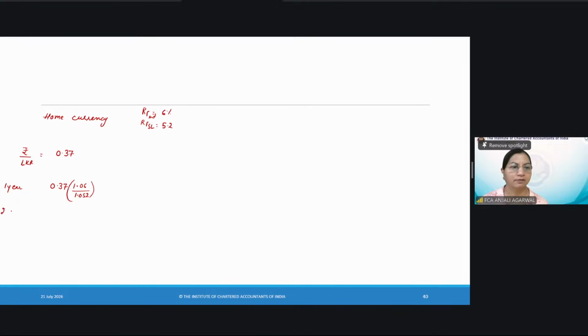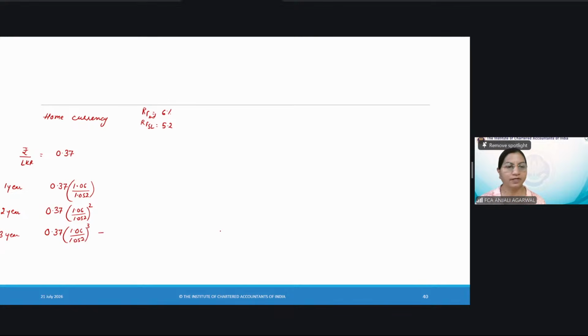For 2 years, it is 0.37 multiplied by 1.06 divided by 1.052 squared. Or you can use the previous forward rate and calculate for the next period.